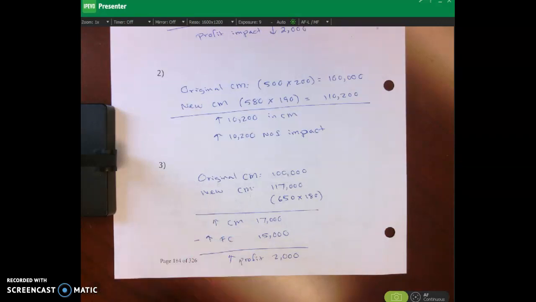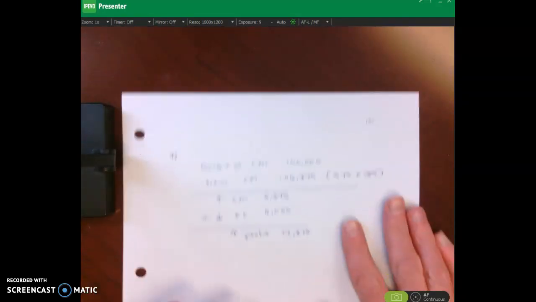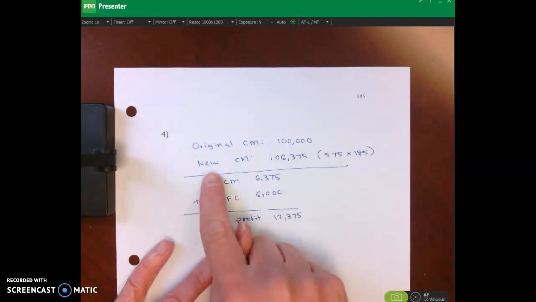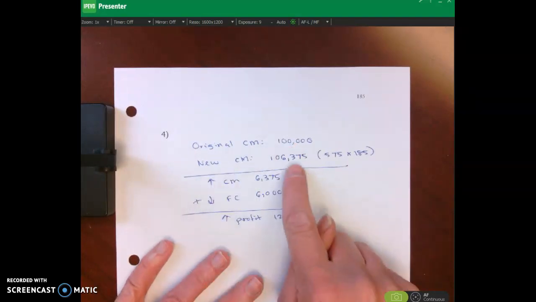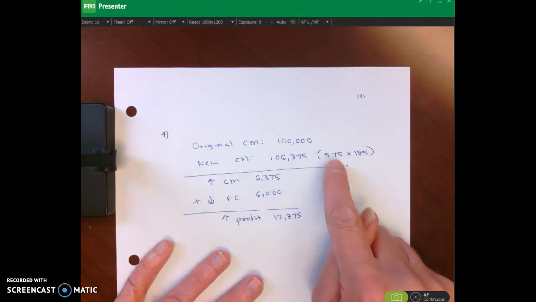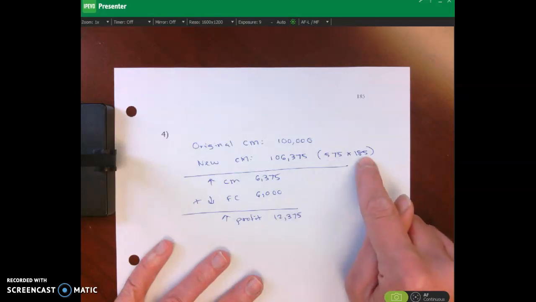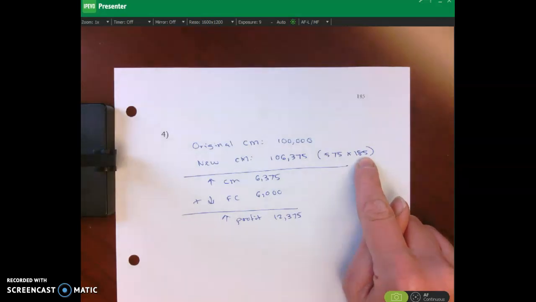Okay. With number 4, we have our original contribution margin still at 100,000. We have our new contribution margin at 106,375, which is equal to the 575 units, times my new contribution margin per unit of 185. And the way I got my 185 is taking that $500 selling price minus the 315 of variable costs, 185.